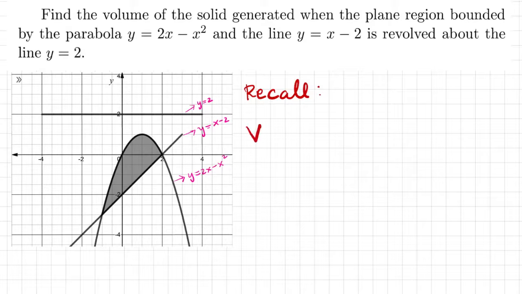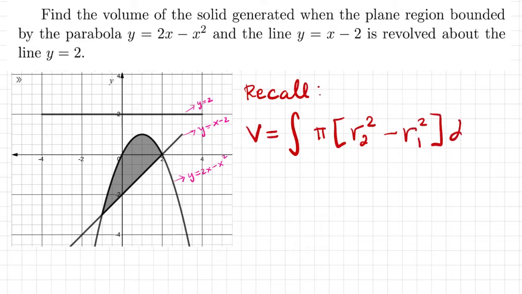So V, for the volume, is equal to the definite integral of pi times r sub 2 squared minus r sub 1 squared d omega from A to B. Okay?